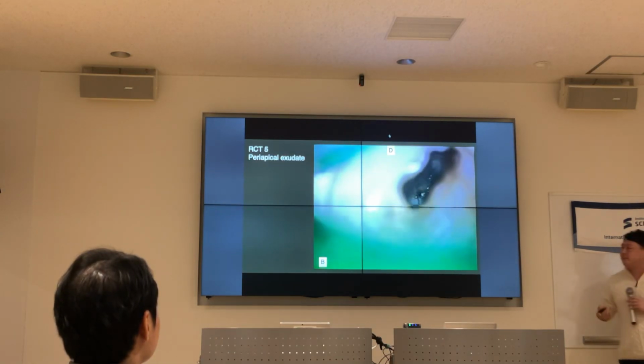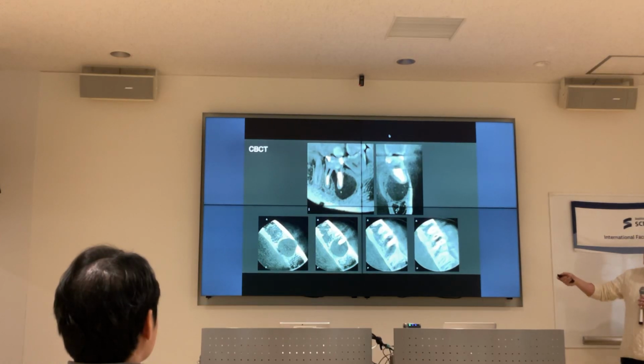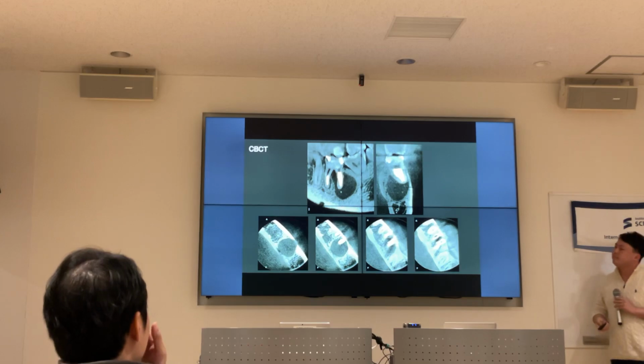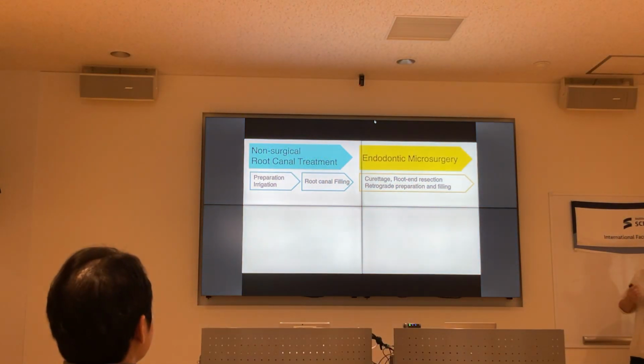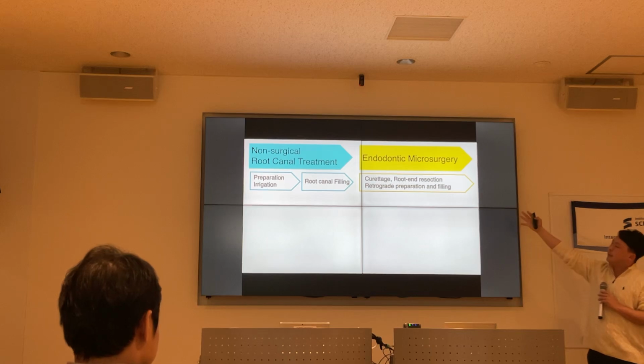So I changed my treatment plan. This is a CBCT image of this case. It's a very big apical radiolucency. In the normal treatment plan, after non-surgical root canal treatment, meaning preparation, irrigation, and root canal filling, comes endodontic microsurgery.